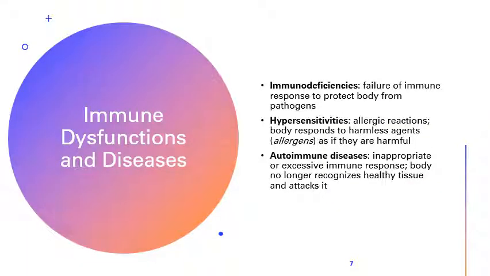But just like with everything, there can be dysfunctions that happen within my immune system. Immunodeficiencies is when my body basically can't protect itself from things that are not supposed to be in there. We also can have hypersensitivities, which is an allergic reaction to an allergen.